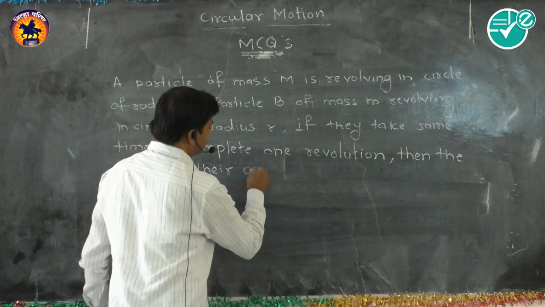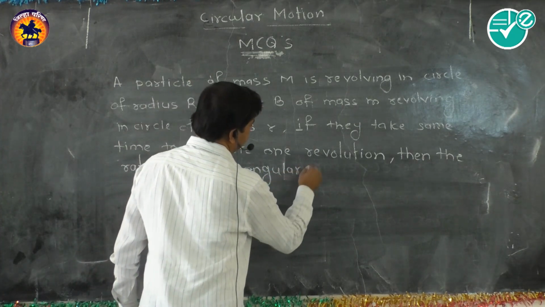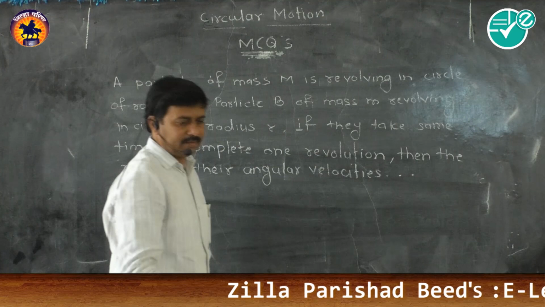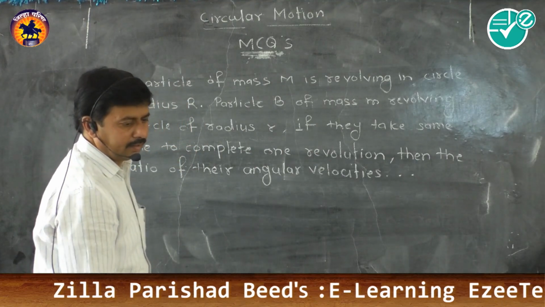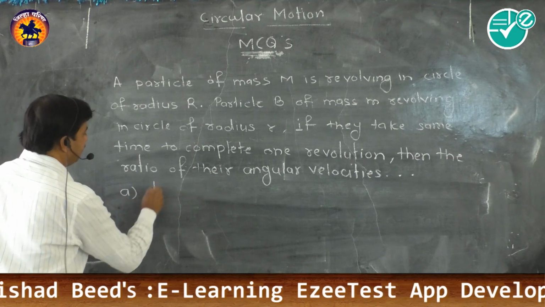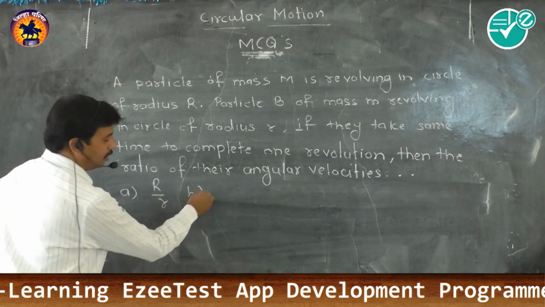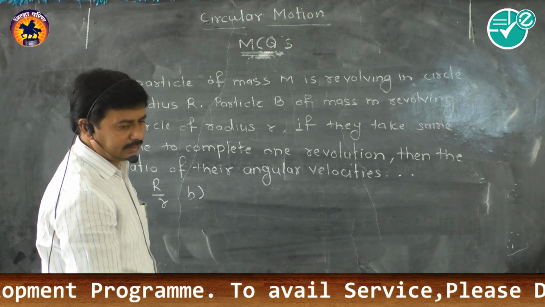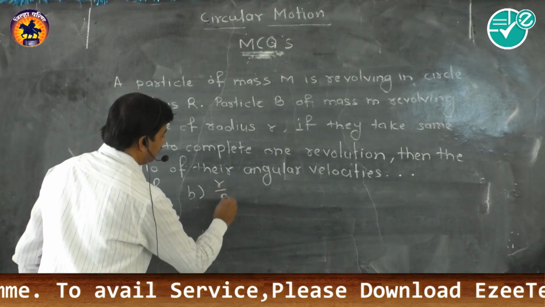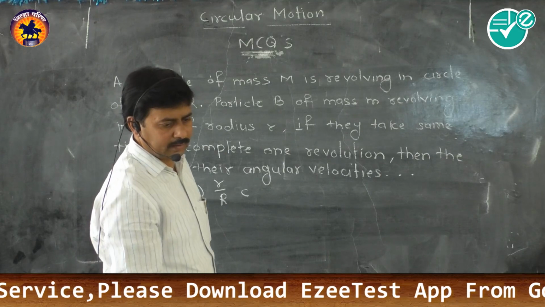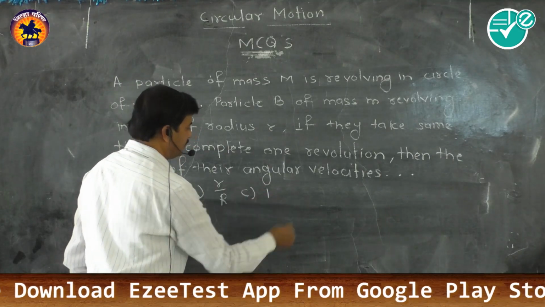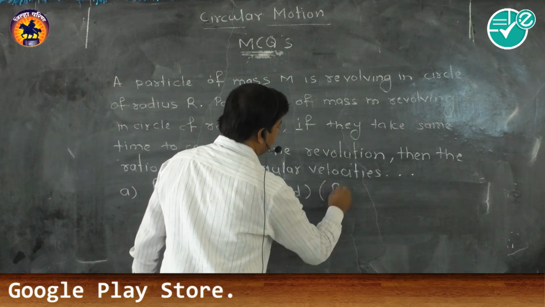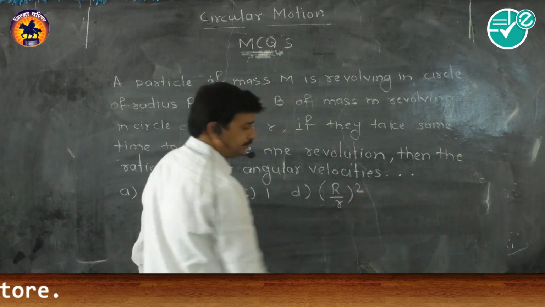Options are A, capital R upon small r; option B, small r upon capital R; option C, 1; and option D, capital R upon small r square.